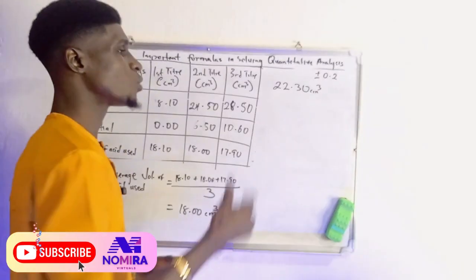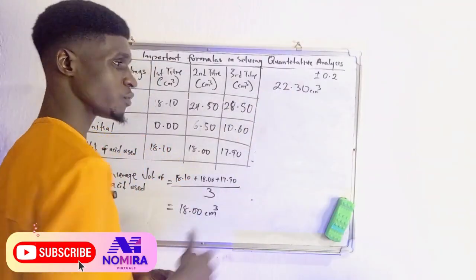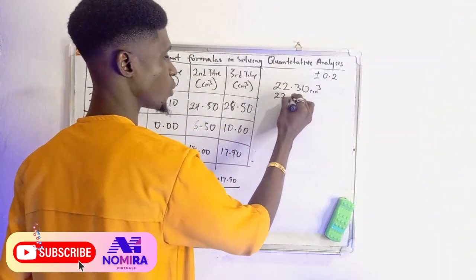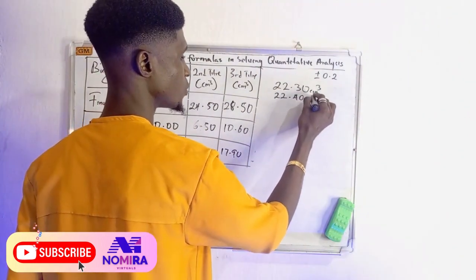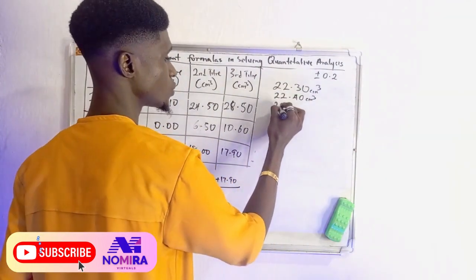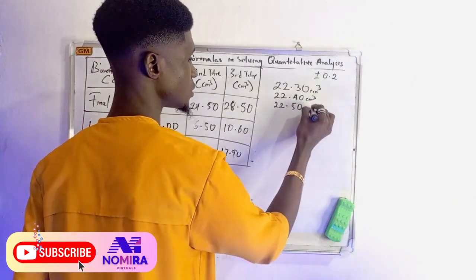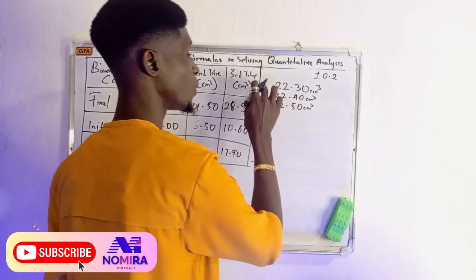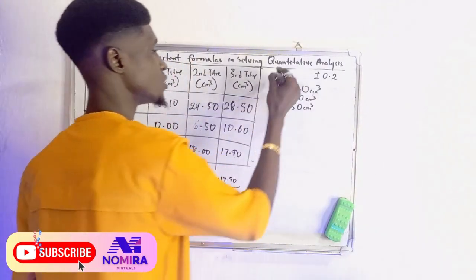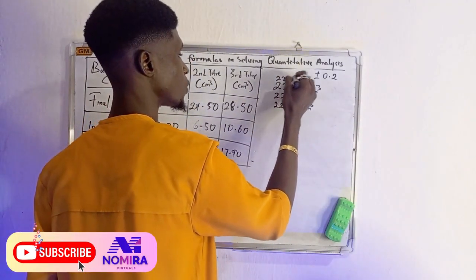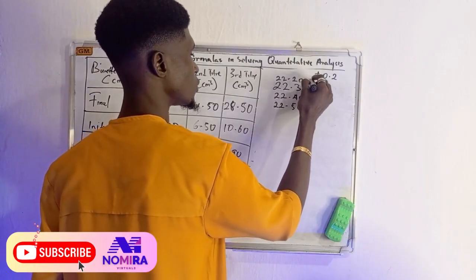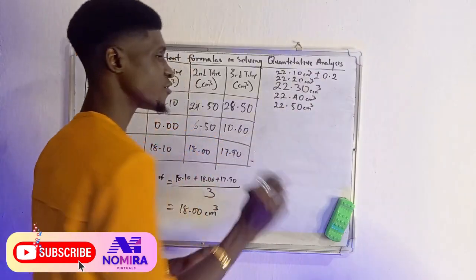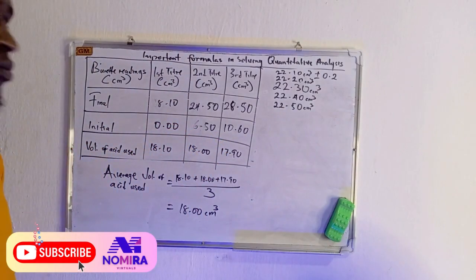The correct answers you must get in order to be correct should be, above this, 22.40 cm cube or 22.50 cm cube. Then if you want to go below what your teacher got, if you don't want to get exactly the same thing, it will be 22.20 cm cube or 22.10 cm cube. These are the 5 possible answers you will get to be correct.